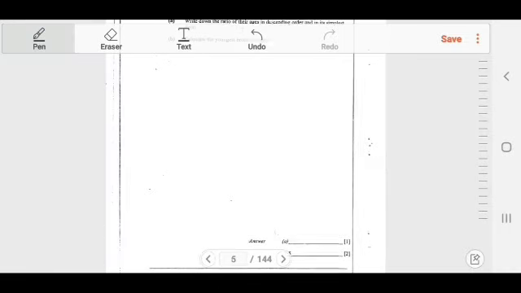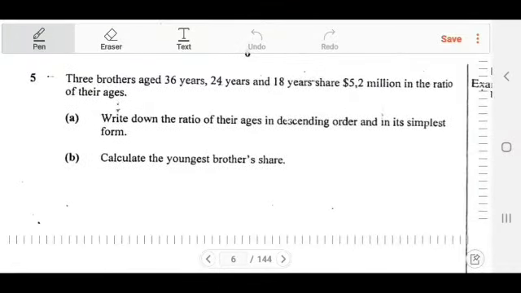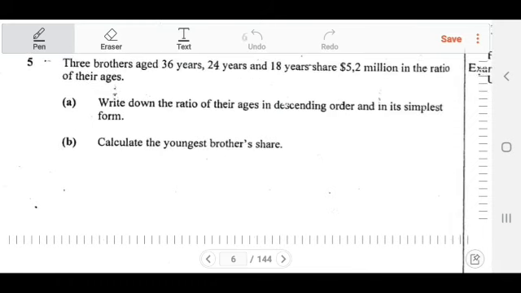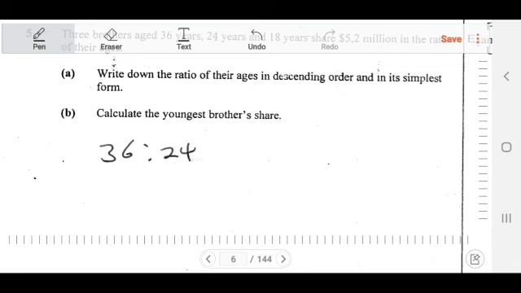Okay, then moving on. Number 3 says 3 brothers aged 36, 24 and 18 years share 5.2 million in the ratio of their age. Write down the ratio of their age in descending order and in its simplest form. Okay, the ratio of their age is, we have the largest, which is 36, is to 24, is to 18.